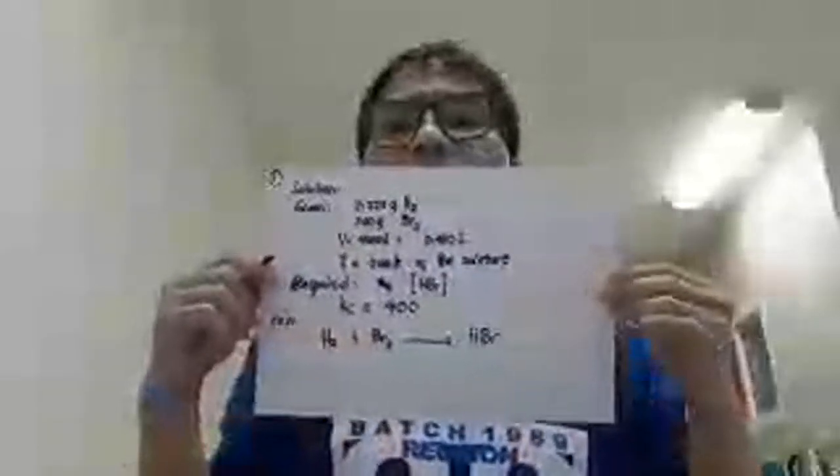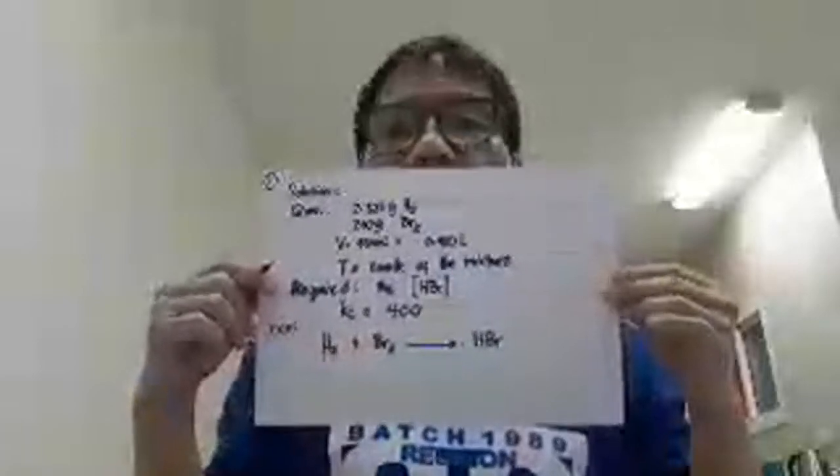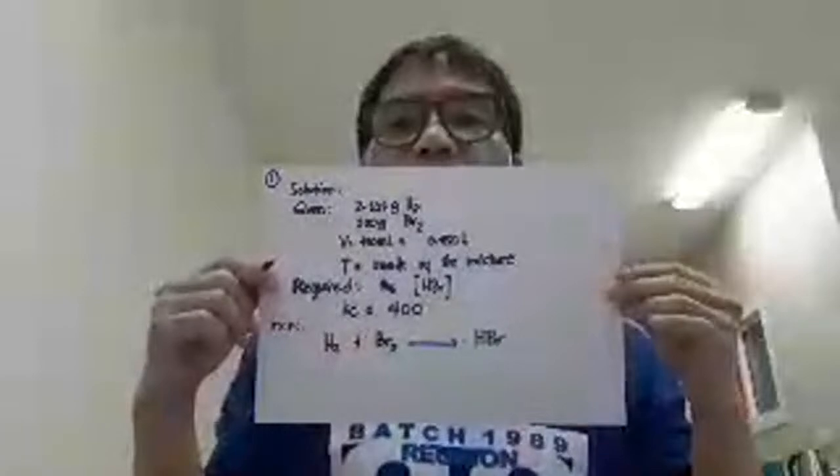Now this equation is not yet balanced, so we need to balance the chemical reaction. So on the left, hydrogen has 2 atoms, and on the right hydrogen is nothing, so 0.